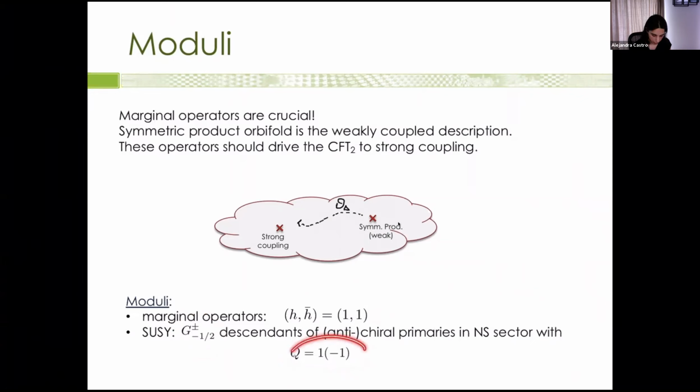So we're looking for chiral primaries with this R symmetry charge, and that will give us, after acting with G plus minus a half, the marginal operator.